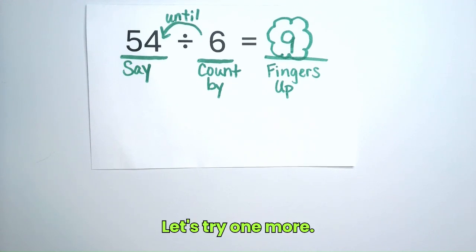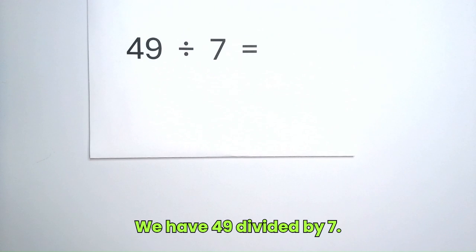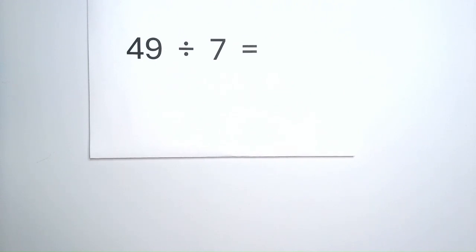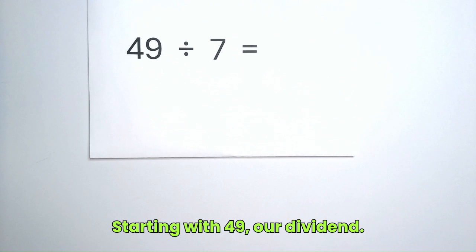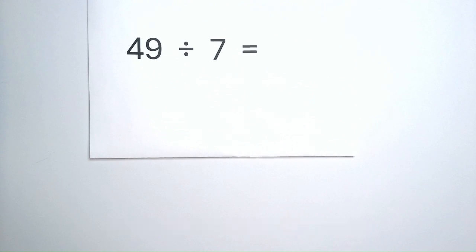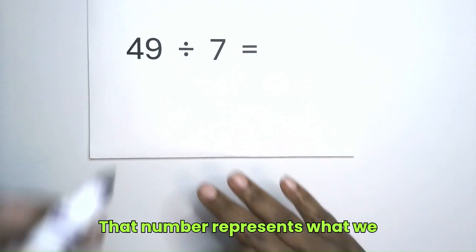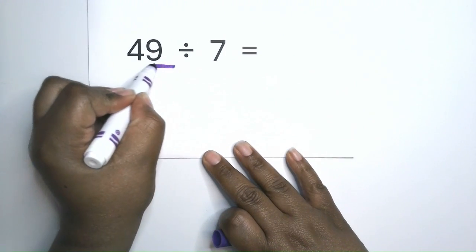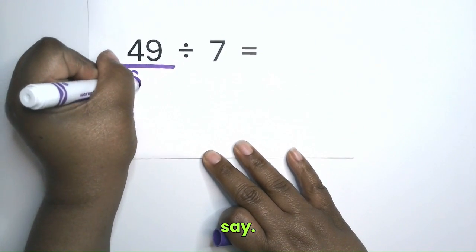Let's try one more. We have 49 divided by 7. Starting with 49, our dividend. That number represents what we say.